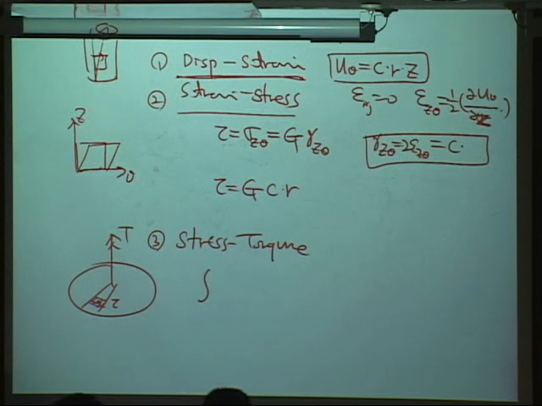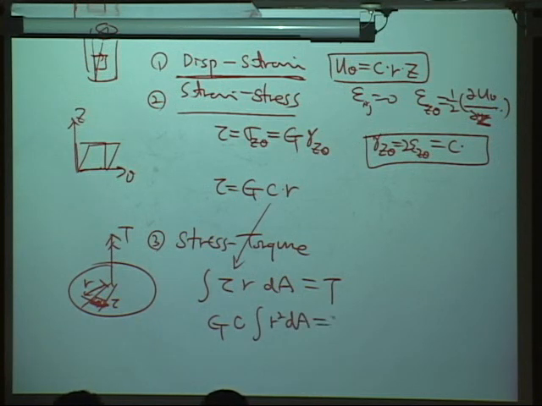So integrating tau dA gives force, and we need to multiply by R to have torque. If we put this equation into here, simply what do we have? We have G times C times the integral of R squared dA equals T.